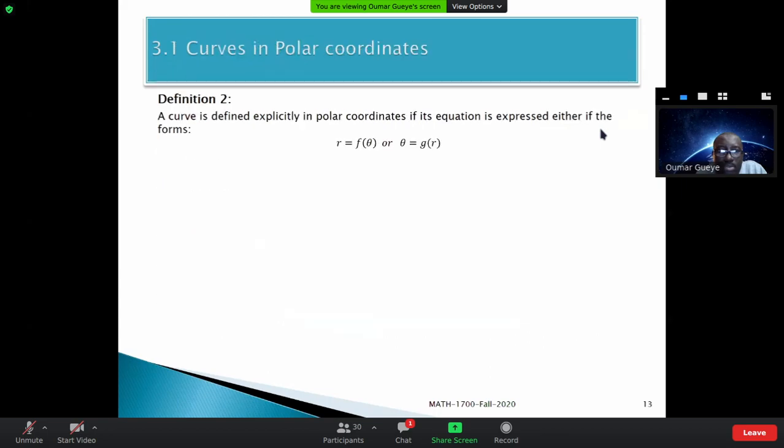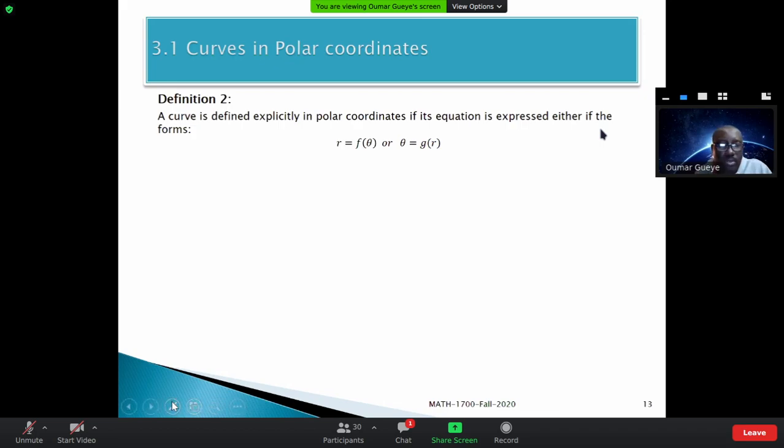So we're done with these two examples. Now we're ready to define a polar curve, and later on we'll see how to sketch it. A polar curve is similar to when you define a curve in the XY axis.